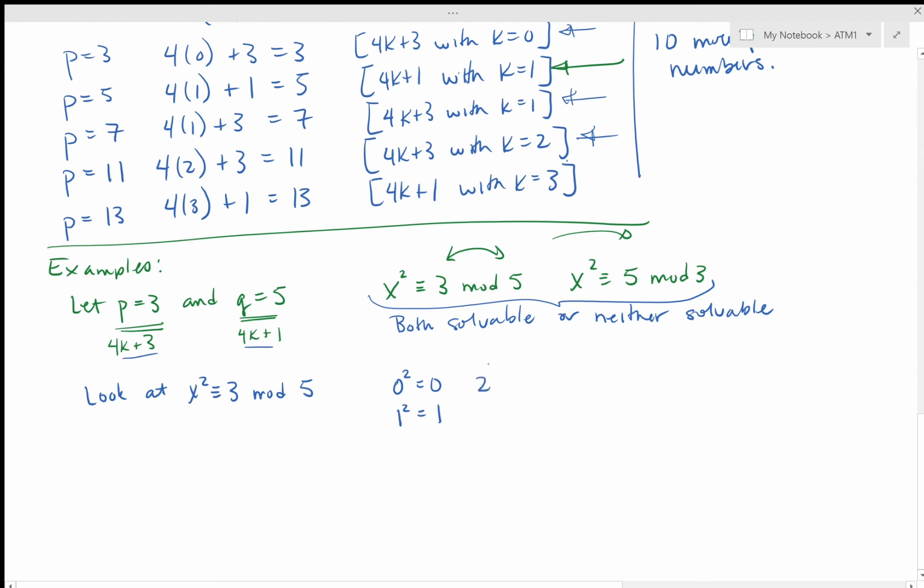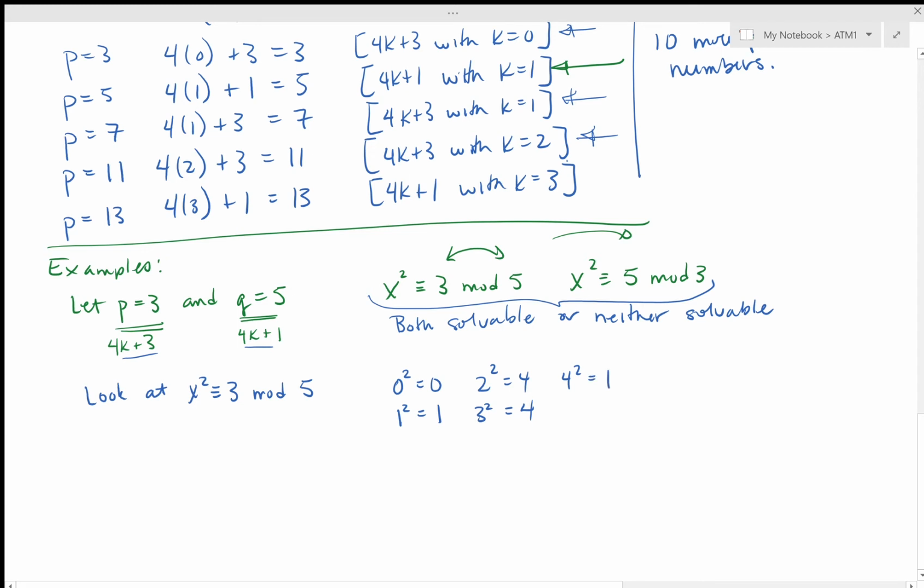I take a look at 2 squared, and 2 squared is 4. And then I take a look at 3 squared. 3 squared is 9. 9 mod 5 is 4. And then I take a look at 4 squared. 4 squared is 16. 16 mod 5 is 1.